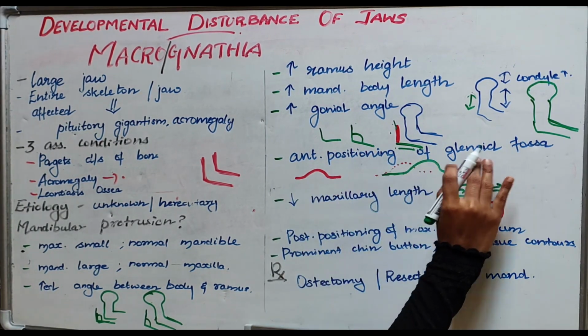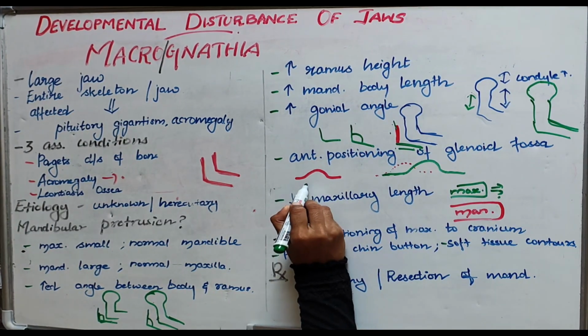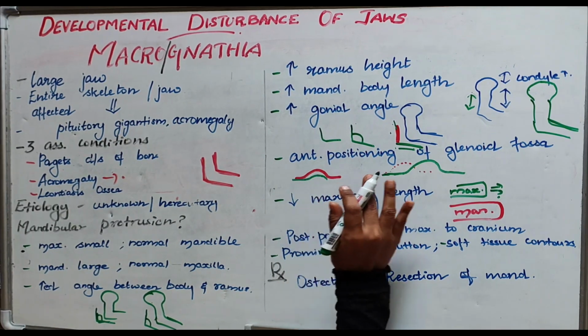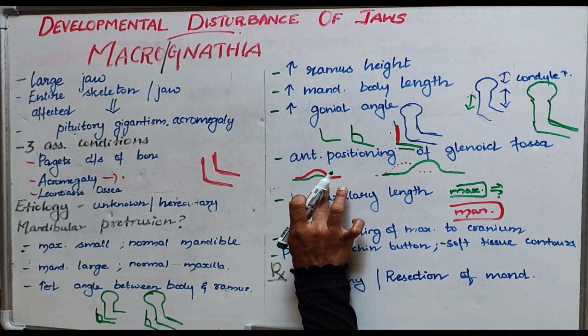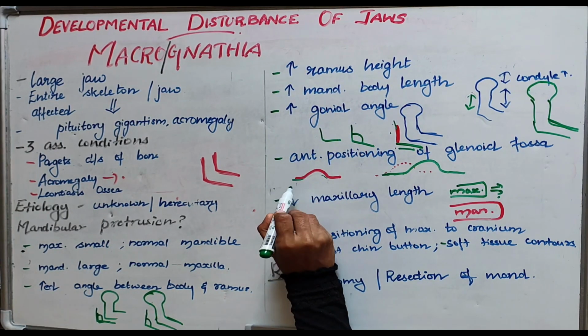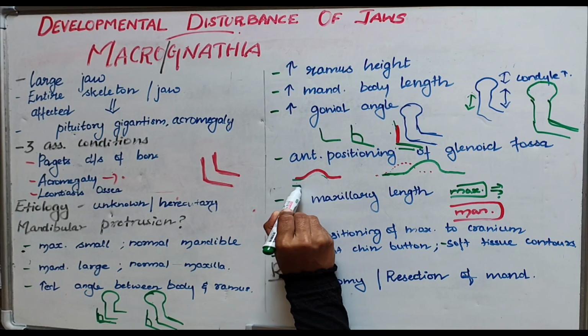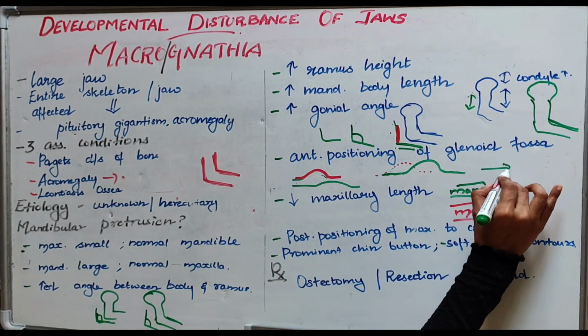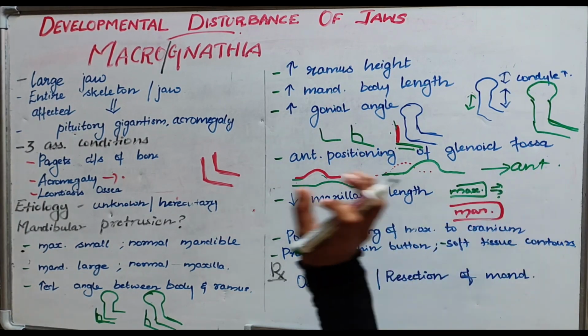Anterior positioning of glenoid fossa. You know glenoid fossa is where your condyle will get positioned. So this is a normal position of the glenoid fossa. In case of macrognathia, if your glenoid fossa is more anterior, your mandible will also get located more anterior.